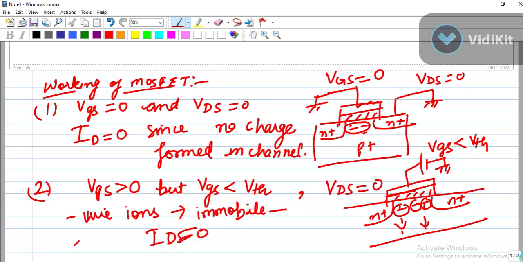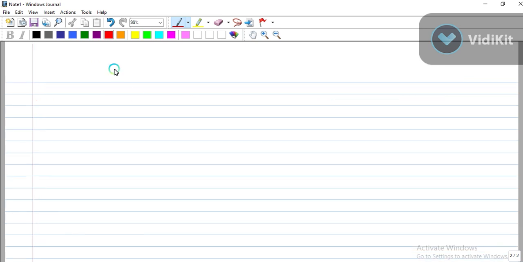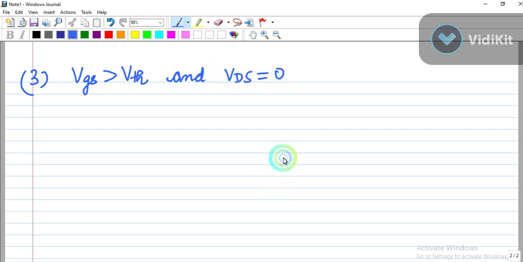Okay. So let's take another page and let's take the third case. In the third case, VGS is greater than VTH and VDS equals 0. Let's make the structure of MOSFET again.